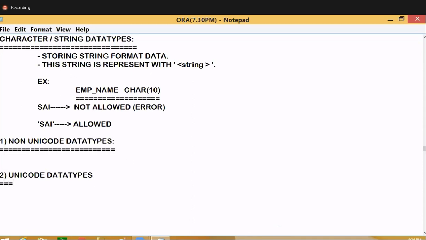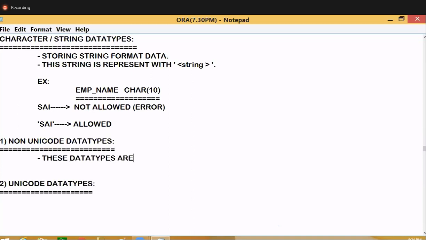What is the difference between them? Observe. Here, non-Uni means non-universal, and code means characters. So non-universal characters are supported. These data types are storing localized data.